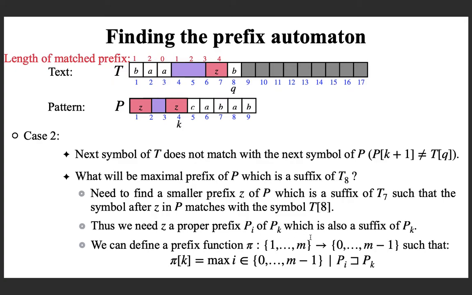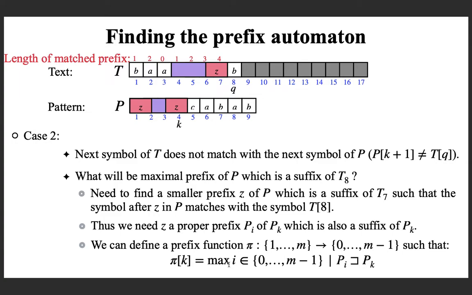In general, m is the number of elements in the pattern. And what is the value? It is a maximum value from 0 to m minus 1, because you are looking at a prefix. So what is the largest length of the prefix? It is m, but if you are looking at a proper prefix, meaning less than m, then the maximum value is m minus 1.